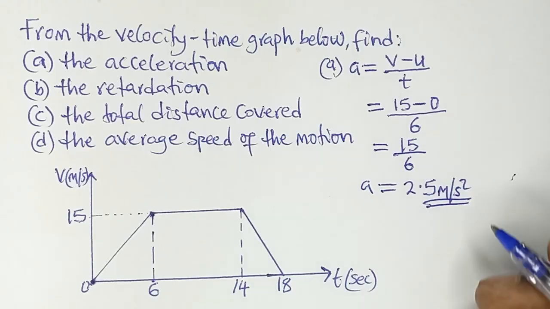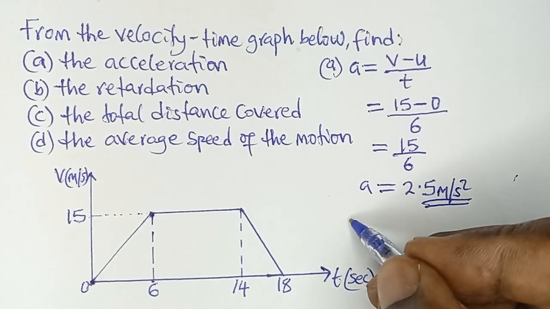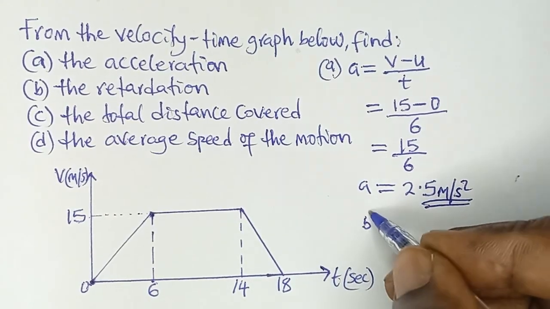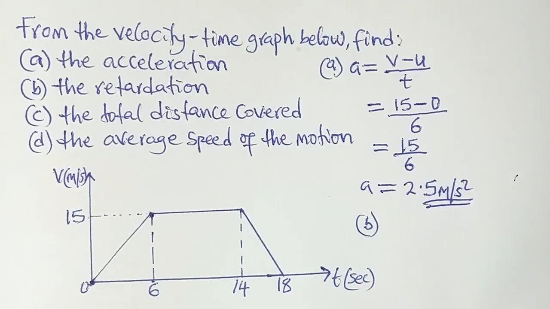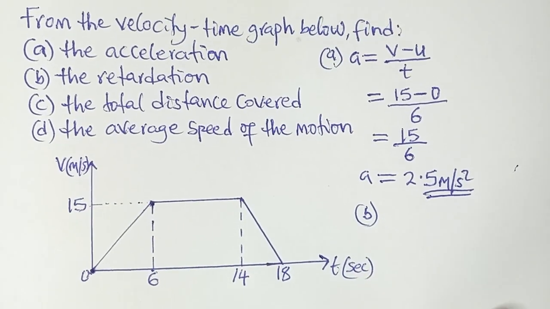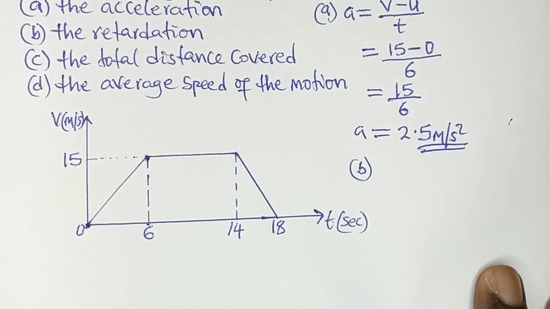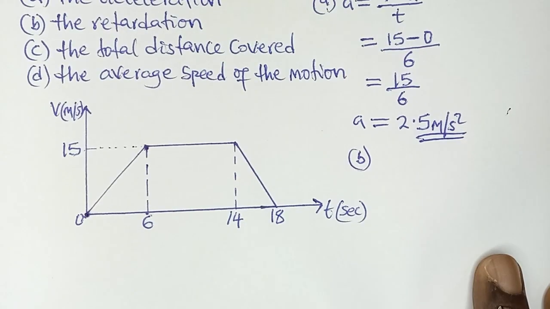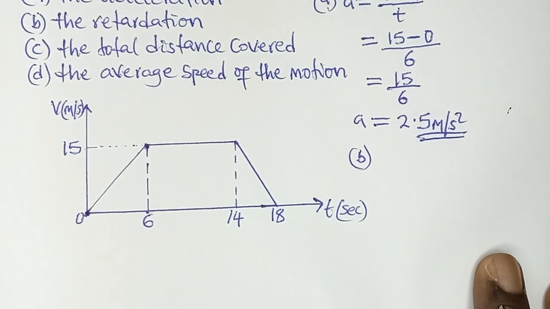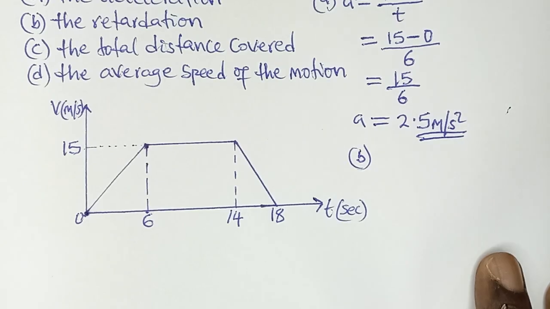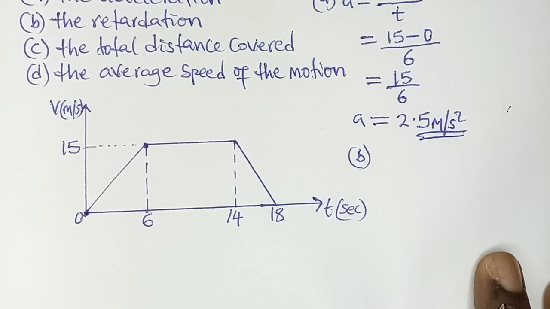Now, let's move to retardation. That is the B part of the question, retardation. Now, we should not forget that acceleration and retardation have the same formula, except that retardation is negative acceleration.